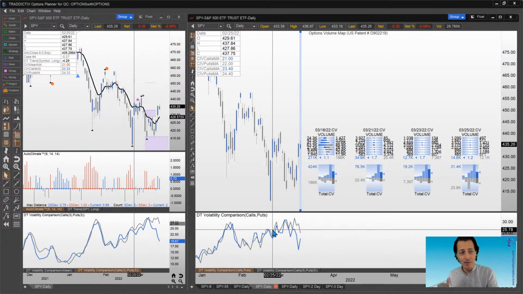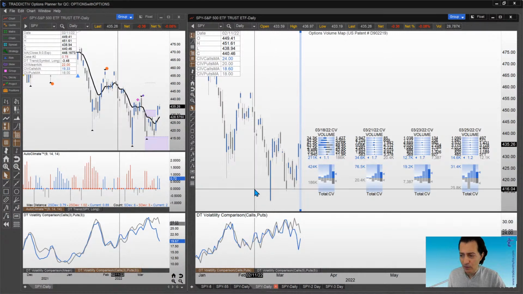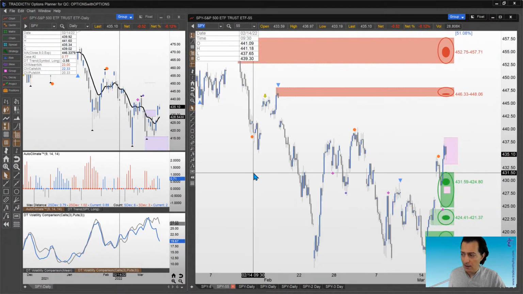We see something happening in the options arena, and next thing you know, the price movement of the underlying follows. Often there is a reason for it, which is the fact that the very large market players are often very heavily positioned with options, and therefore whatever is happening in the options is representing what the institutional actions happen to be in the equities, if you wish, in the underlying assets.